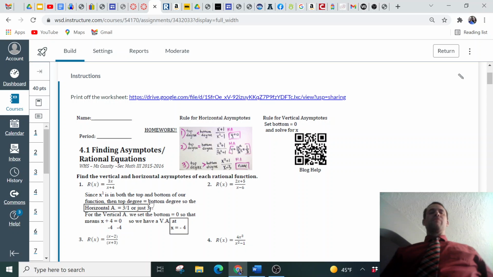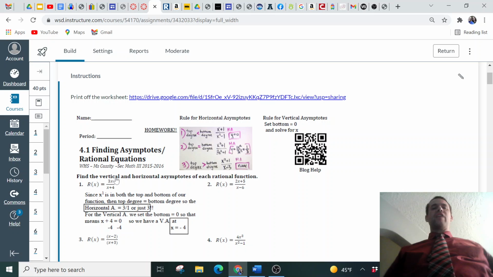Cool. So doing number 1, you can see that the bottom is x plus 4. If you set the bottom equal to 0, so x plus 4 equals 0, we minus 4 to the other side. So we have a vertical asymptote at x equals -4. That's our answer.